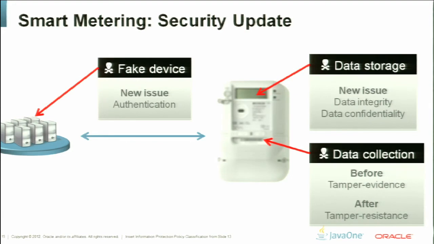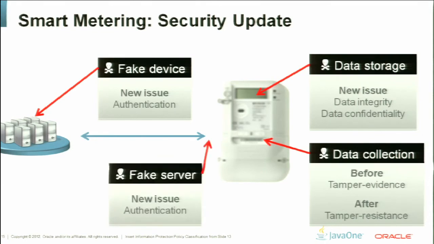So we need to make sure that there is a correct authentication of the devices that we're talking to. And the same thing the other way. The device needs to make sure that it's talking to the right server. The device does not completely control the entire communication link, which means that the authentication here must be mutual between the meter and the backend.